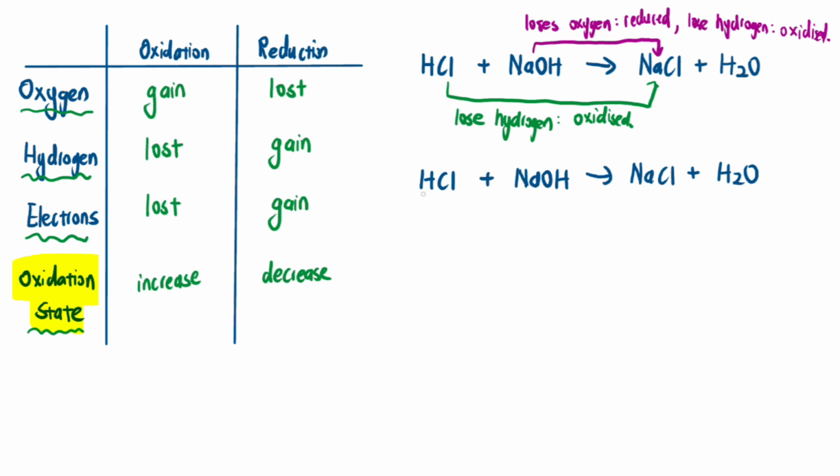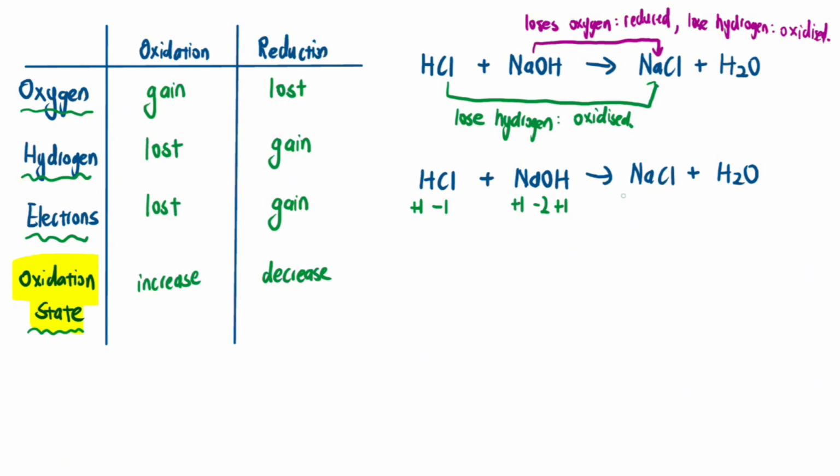Starting with hydrogen chloride, hydrogen in most compounds will have an oxidation state of +1, which means that for chlorine it should be -1, because when we sum up the oxidation states of all elements in a compound, it should be 0. Then for sodium hydroxide, the oxidation state of hydrogen is +1, and oxygen in most compounds would be -2, which means that the sodium oxidation state should be +1.